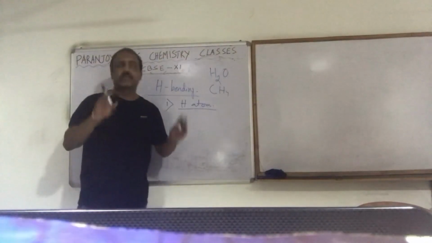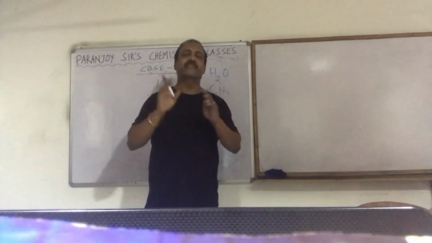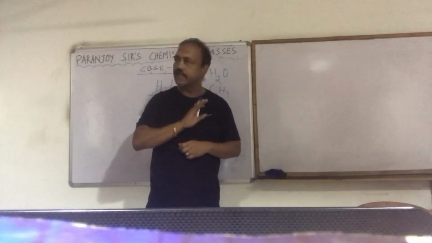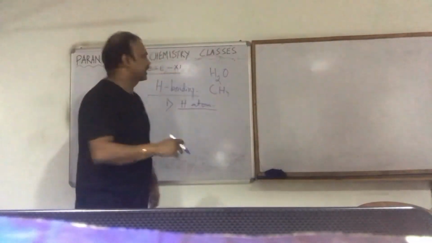That does not mean that if a molecule satisfies the first condition, it will have intermolecular hydrogen bonding. No, there must be a second condition. What is the second condition?